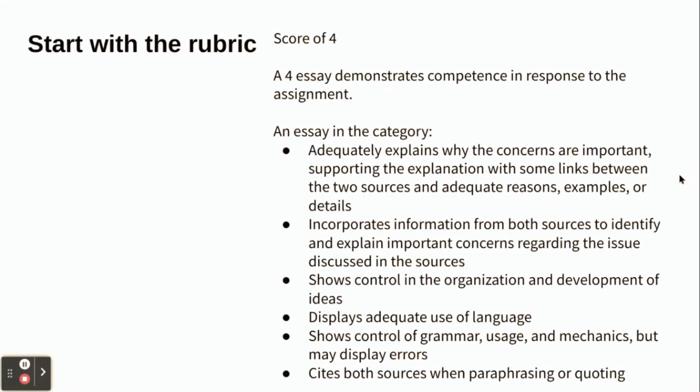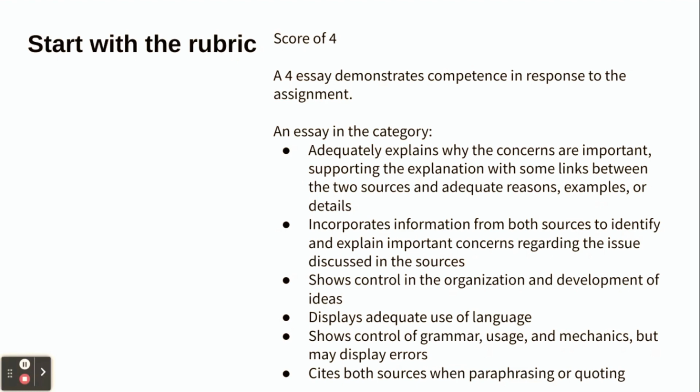So let's start by looking at the rubric. The rubric is what the scorers use to determine your score for both essays, but today we're going to be looking particularly at the source-based essay. Now, just a little bit back up here. What is a source-based essay?